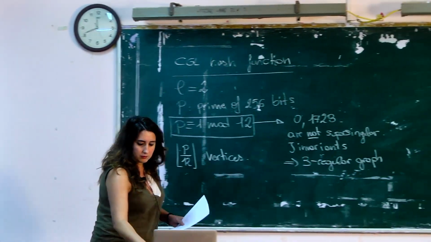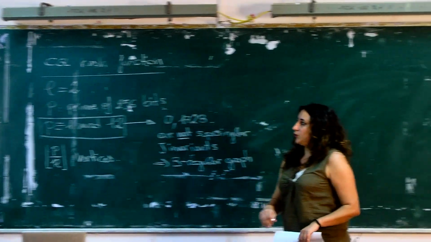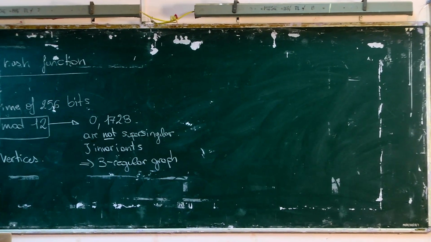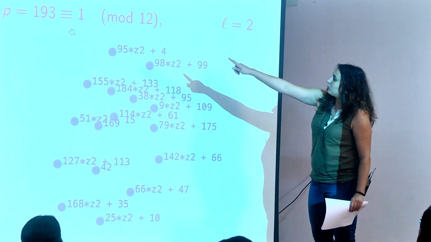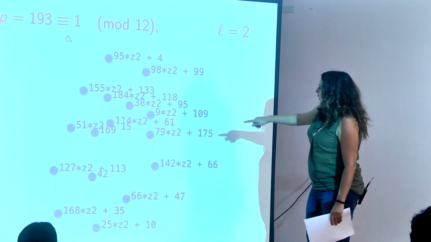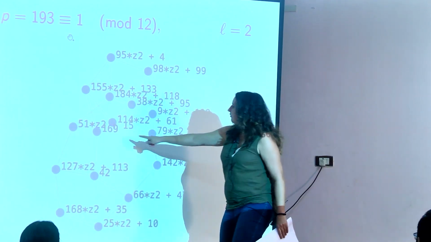Okay, so this is an example. I produced this with SageMath, so, you know, we could draw this better. Here we always work with p = 193, which is 1 modulo 12, and actually here all our vertices, we have 169.